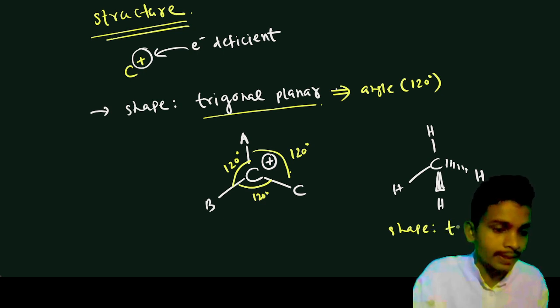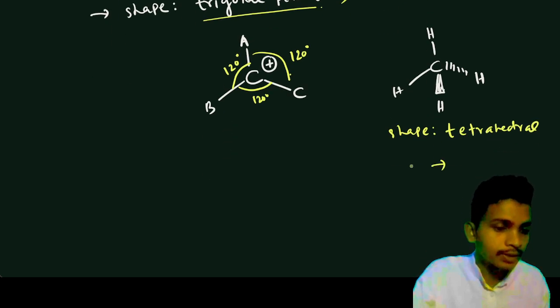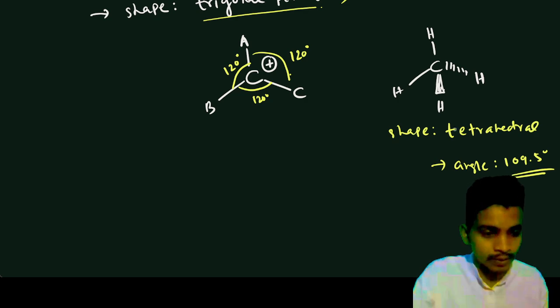This methane has the shape of tetrahedral, and here the angle is 109.5 degree something. Okay, so that is 109 degree.